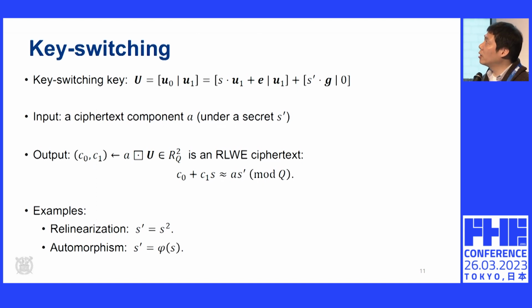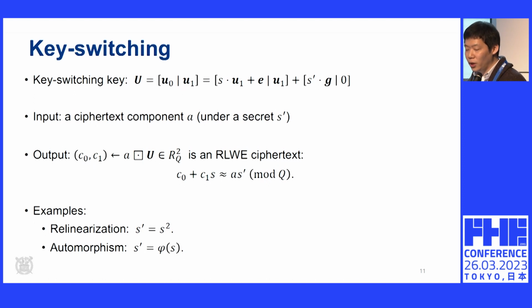So it is something like multiplying S' to A securely, and the result is a Ring-LWE ciphertext encrypted by S. This key switching technique is used in linearization, for example, where S' is equal to S squared, and also in homomorphic automorphism, where S' is equal to phi of S, where phi is an automorphism you want to evaluate, like a rotation.